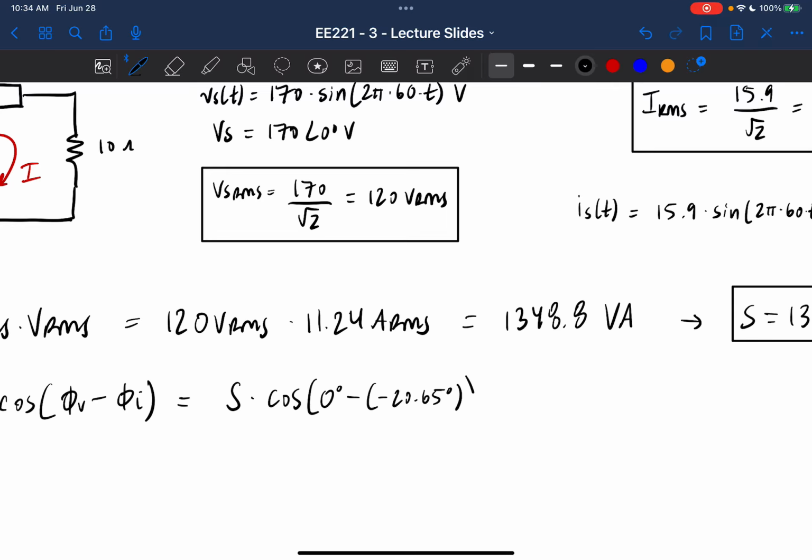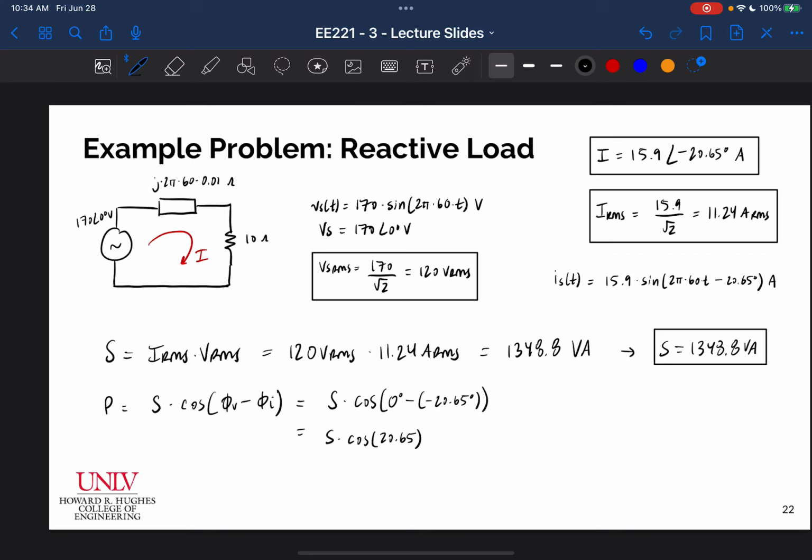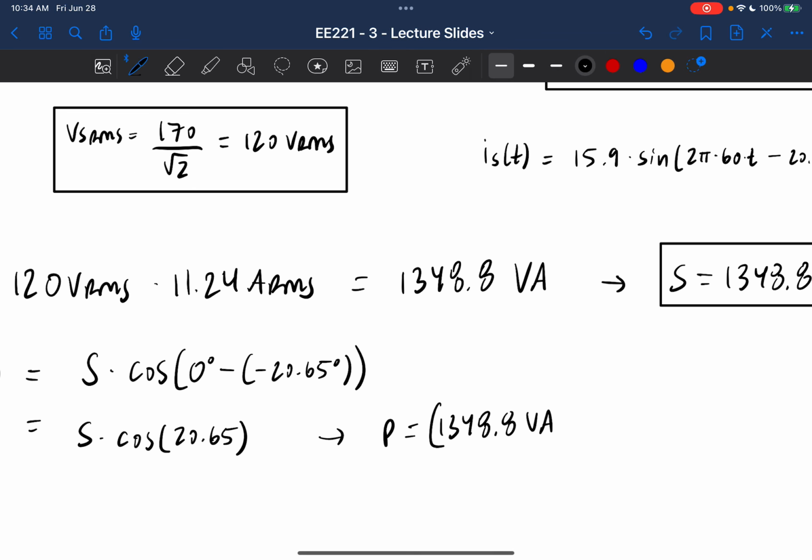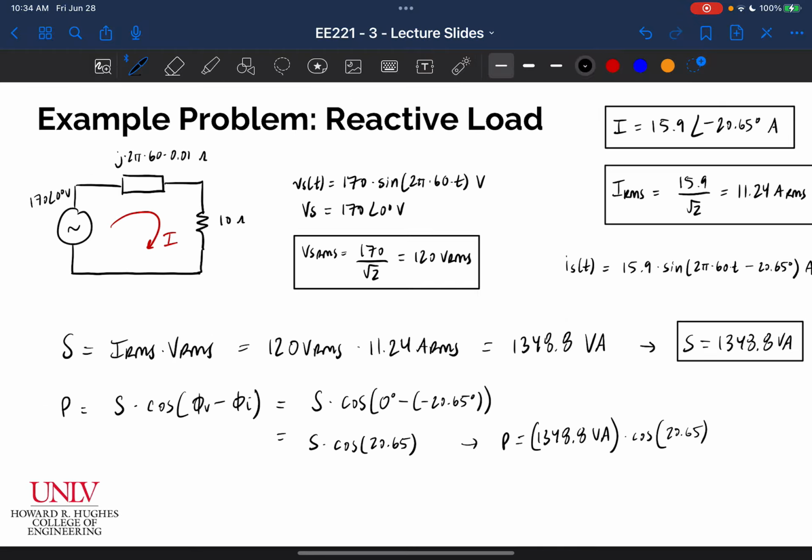All right, which results in S times the cosine of 20.65 being my real power. Okay, so then we can say that my real power is equal to 1348.8 volt amps multiplied by the cosine of 20.65. And I will throw that in my calculator.